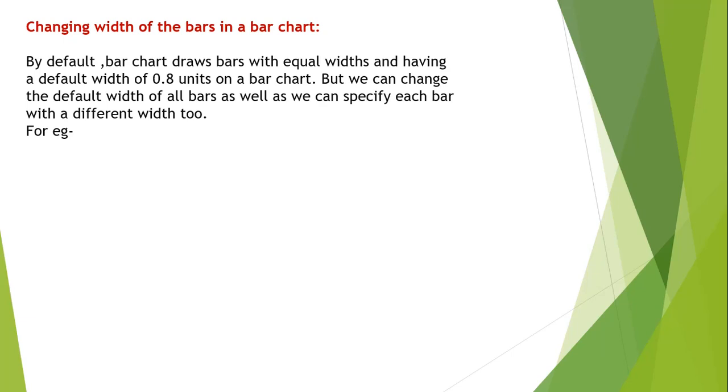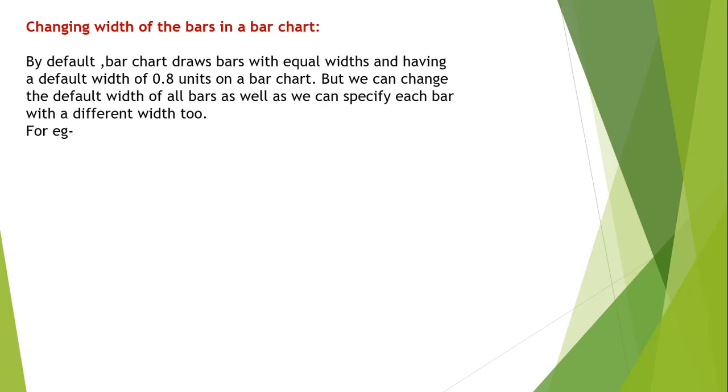What was happening earlier is that we were not giving any width to the bars, but since the default width is 0.8 units, it was taking this default width and plotting the bar graph. But we can change the default width of all bars, as well as specify each bar with a different width. That means if we want to change the default width, we have to specify how much width is to be given to the particular bars.